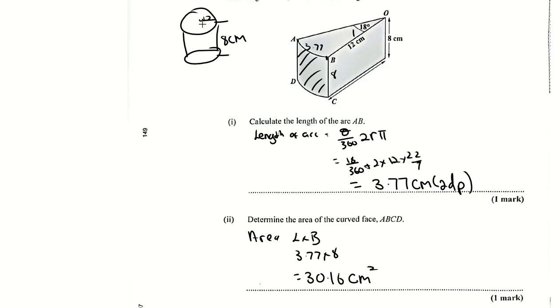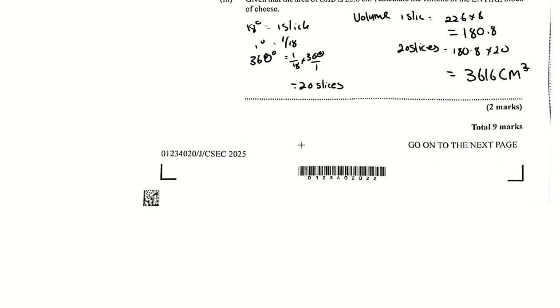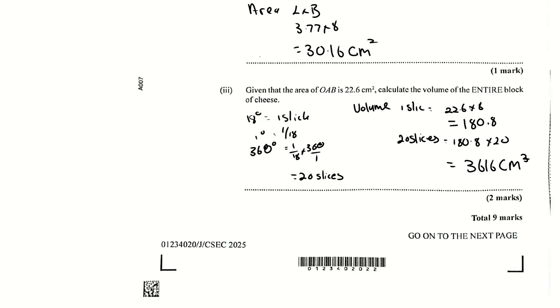The area of a circle is pi r squared, which is pi is 22 over 7, r is 12 squared, and then you multiply it by your height, and you are going to get some answer that's close to this. However, it may be a little bit off. But given the information given here, this is how you would find the volume of your entire block of cheese. Right, and that is the end of number 6, January 2025.